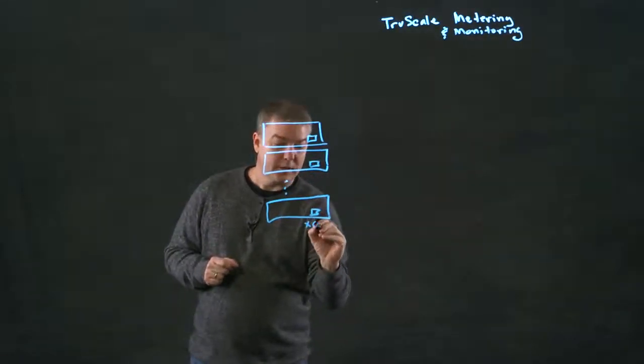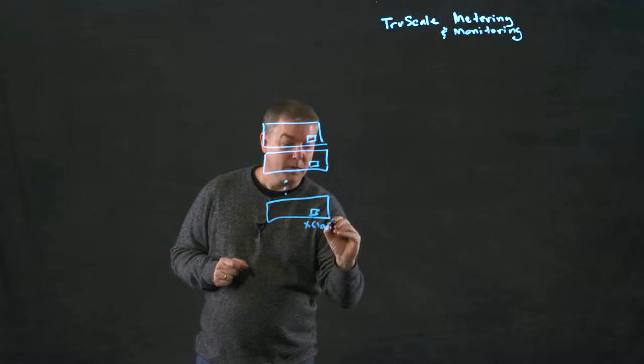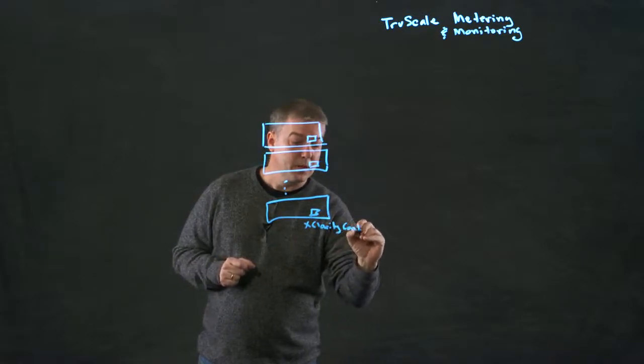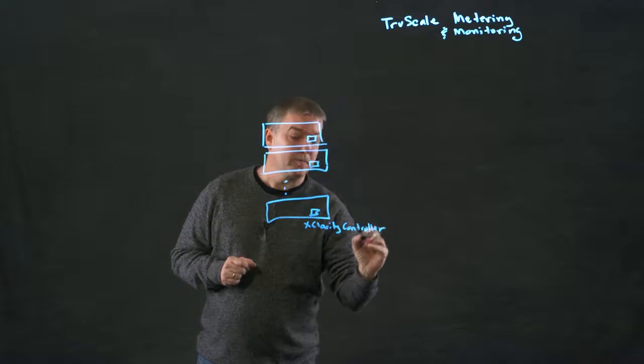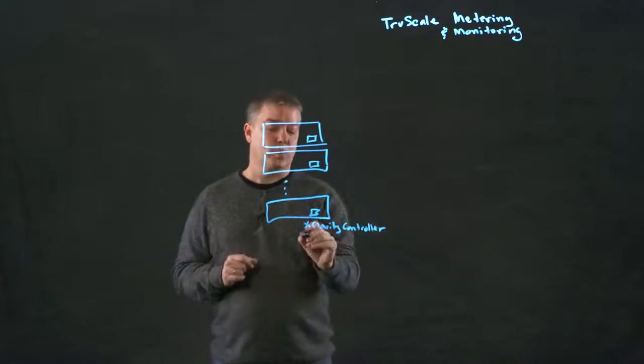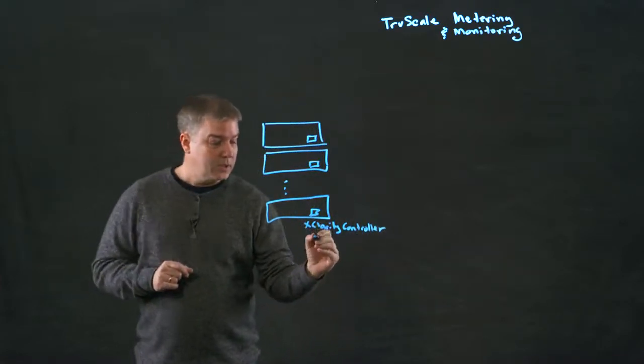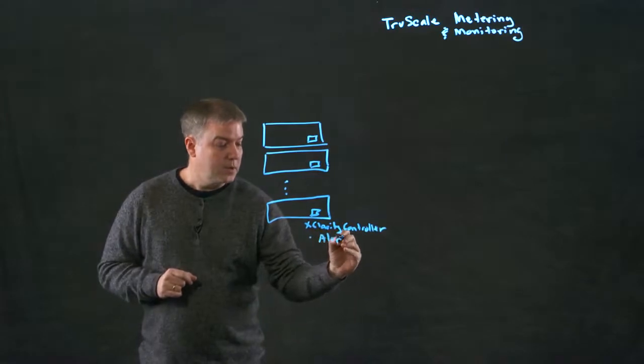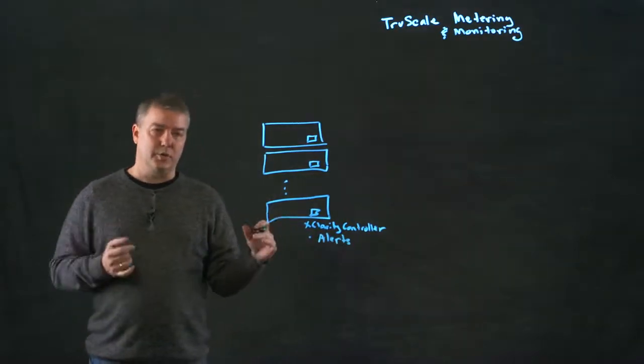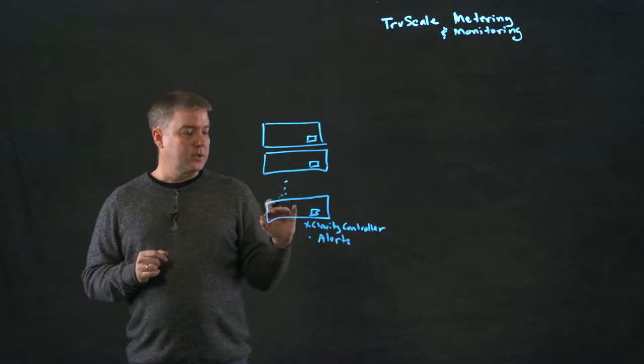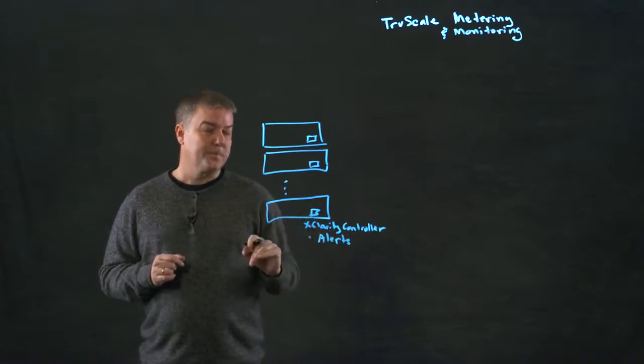Now, this xClarity controller is our systems management chip, and it has quite a bit of power built into it, right? What we leverage it for today is to provide alerts. Any kind of hardware issue associated with the server itself is going to be coming off of the xClarity controller.